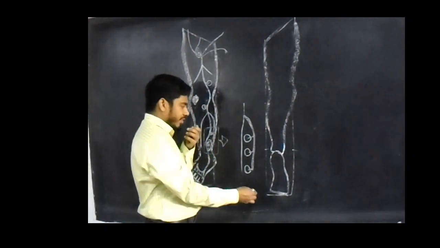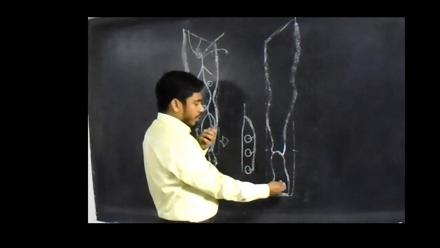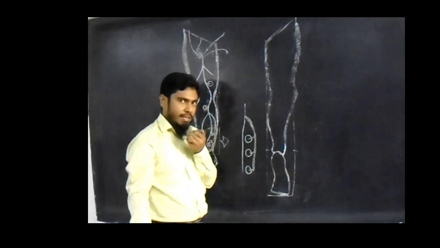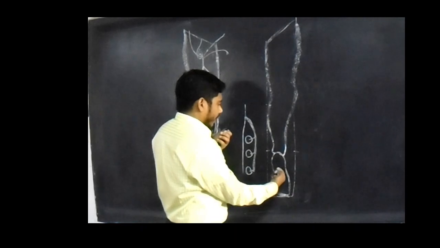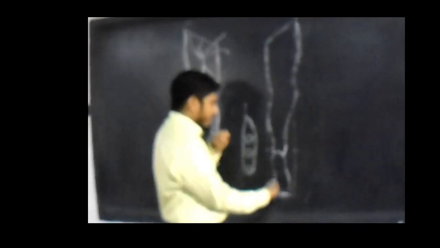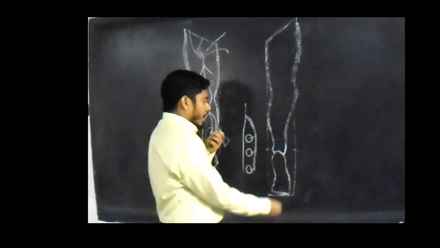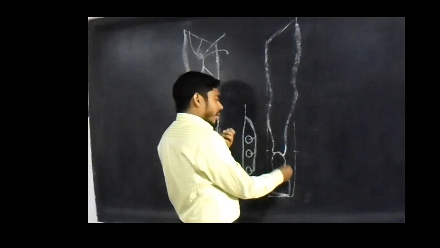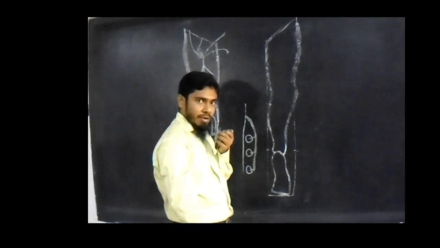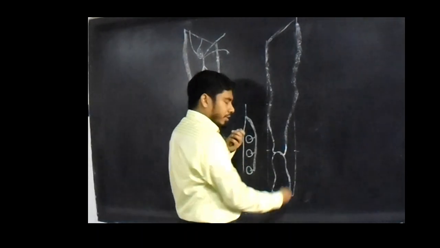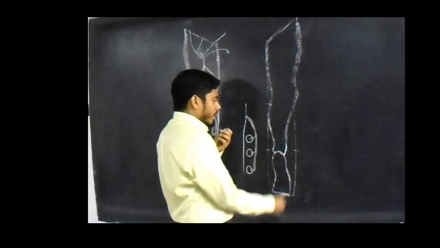The small saphenous vein will arise from the lateral end of the dorsal venous arch. We cannot see the dorsal venous arch here because it is the plantar aspect or plantar surface of the foot. Okay? And it will unite with the lateral marginal vein. All this will happen on the dorsal surface.